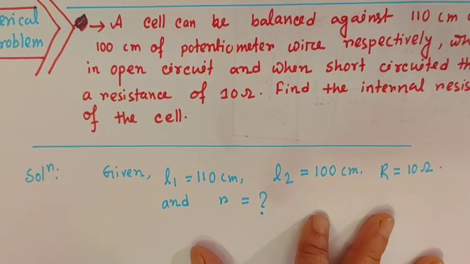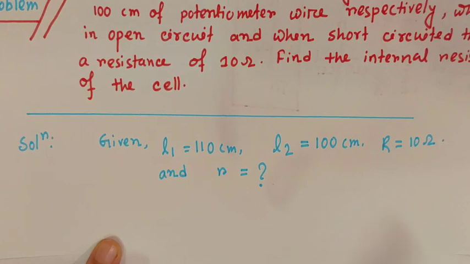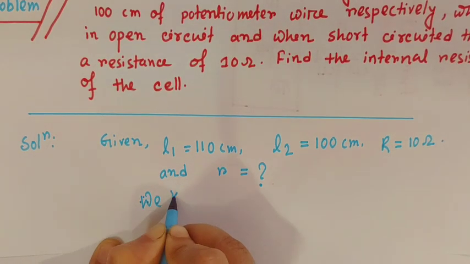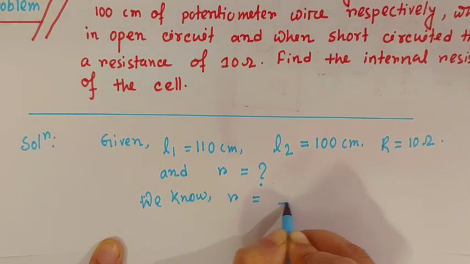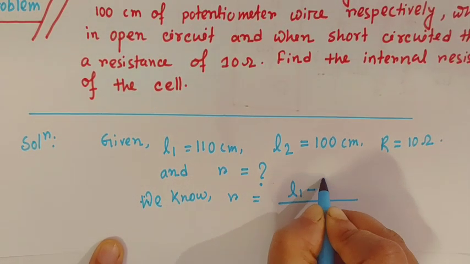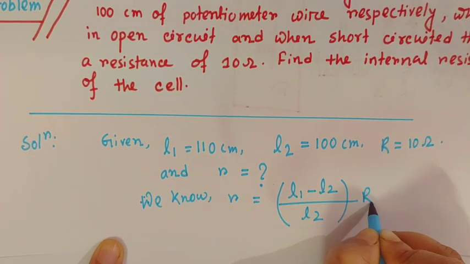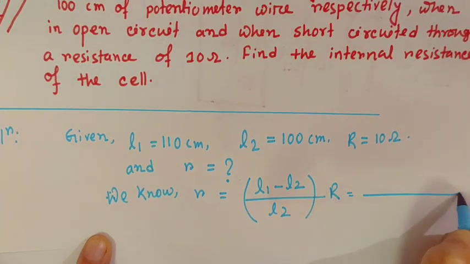So r is equal to what? Now already we know the formula for r, so we can write r is equal to (L1 minus L2) divided by L2 into R. Now simply just put the values.